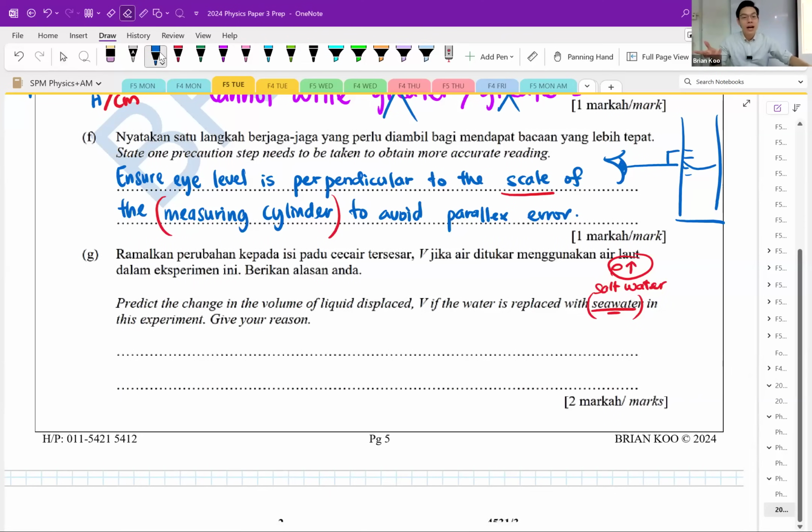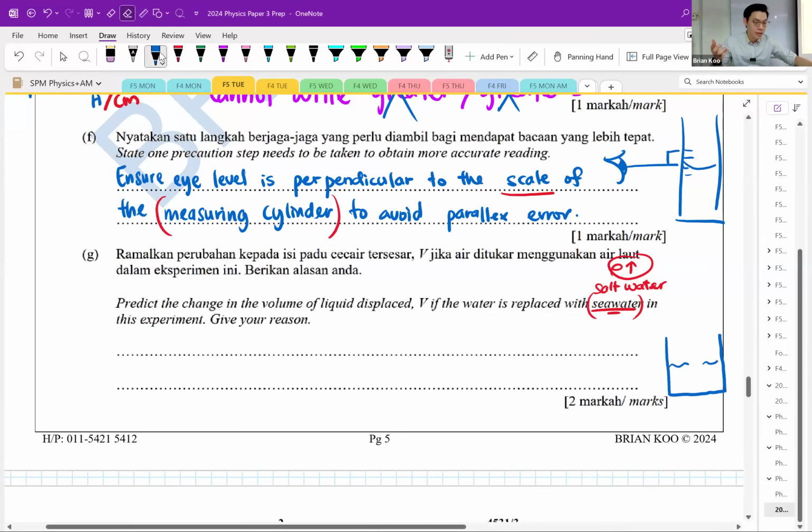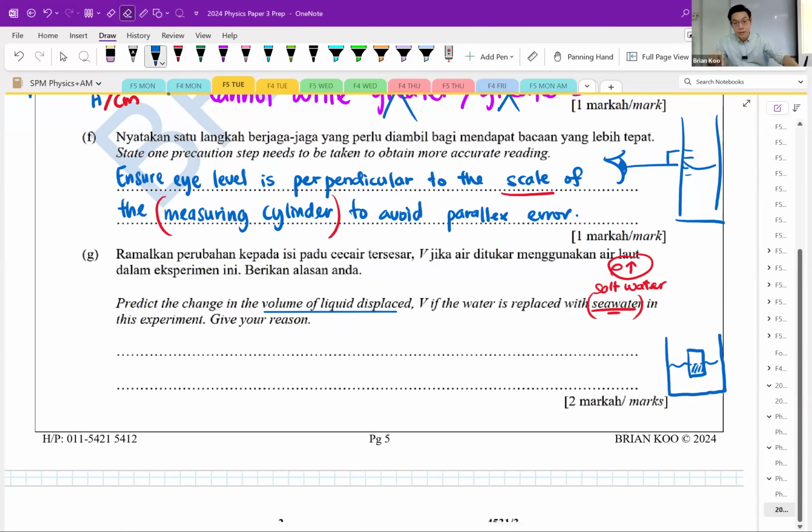Okay. How come it doesn't affect the liquid displaced? You think like this. You change the water, but did the depth change or not? You still submerge to the same depth, right? So the volume shouldn't change, right? I'm gonna write: D is unchanged, or has no change.